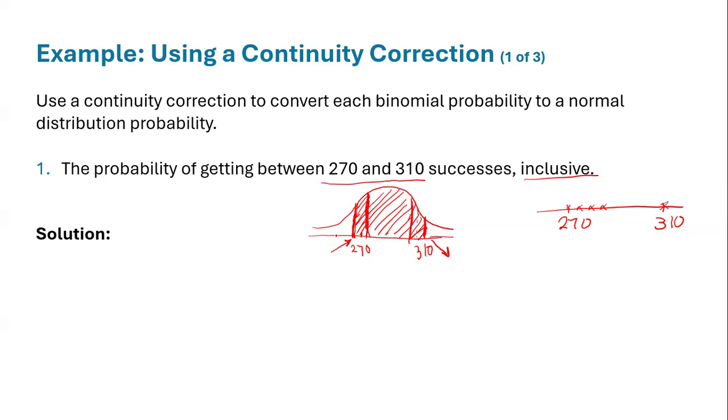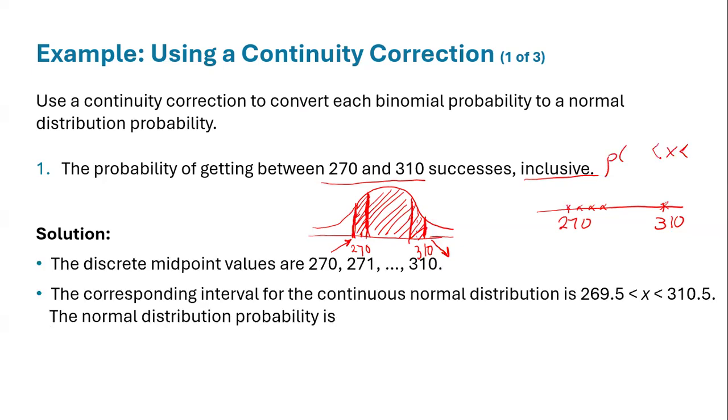It means that I need to find the probability when x is between 269.5 and 310.5. 0.5 before 270, 0.5 after 310. And now finding this area is easy because you convert both of these x values to z, and then look at the z table to find the area under the curve for both of them, and then subtract from each other.